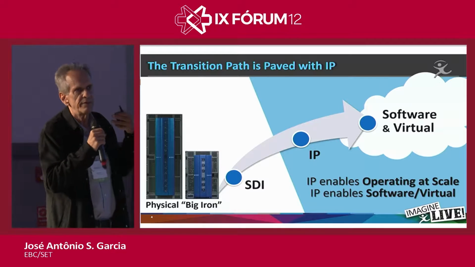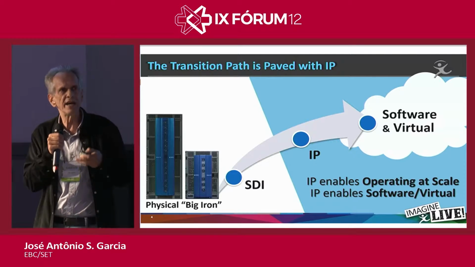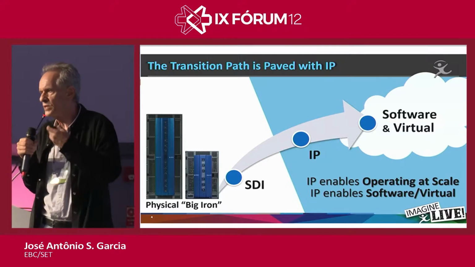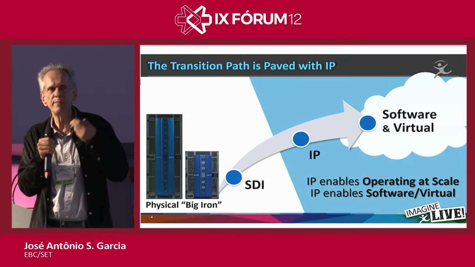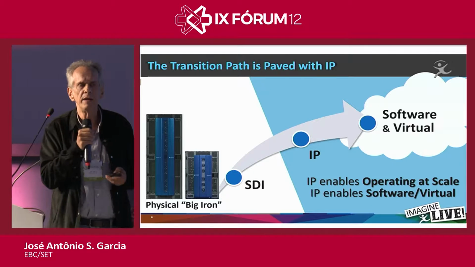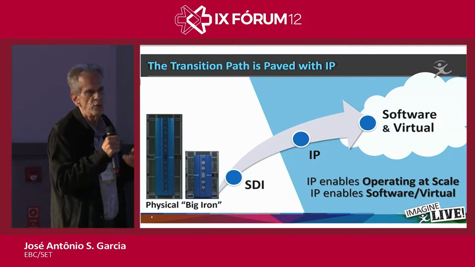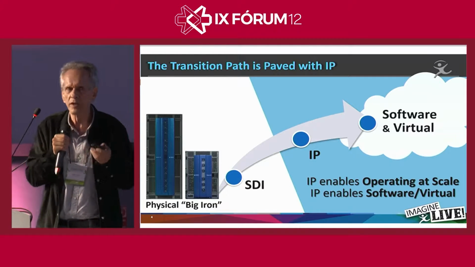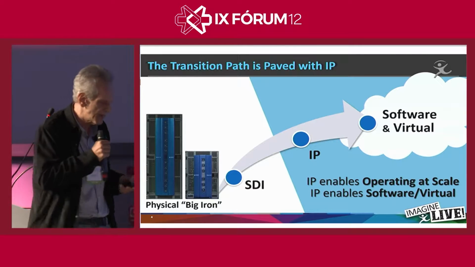So with IP, in addition to having flexibility, you can go toward the transformation of this hardware into software, and you can have virtual environments, and you will be able to work with services or on the cloud, service on demand, and therefore the system will be more efficient.